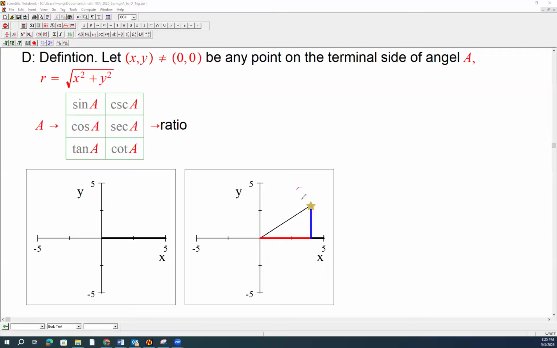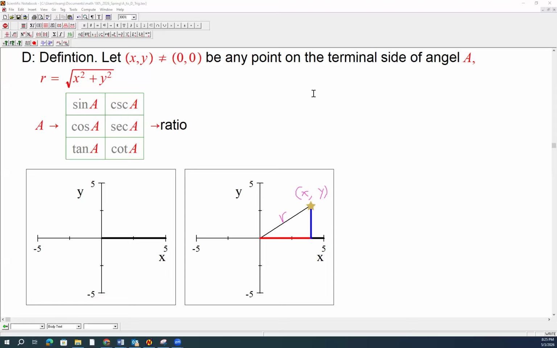So this is x comma y. X is the horizontal measurement, so we're using red. Y is the vertical measurement, that's the blue. Now we got the point, and this is the R. R is always positive. So now we can define how sine equals.